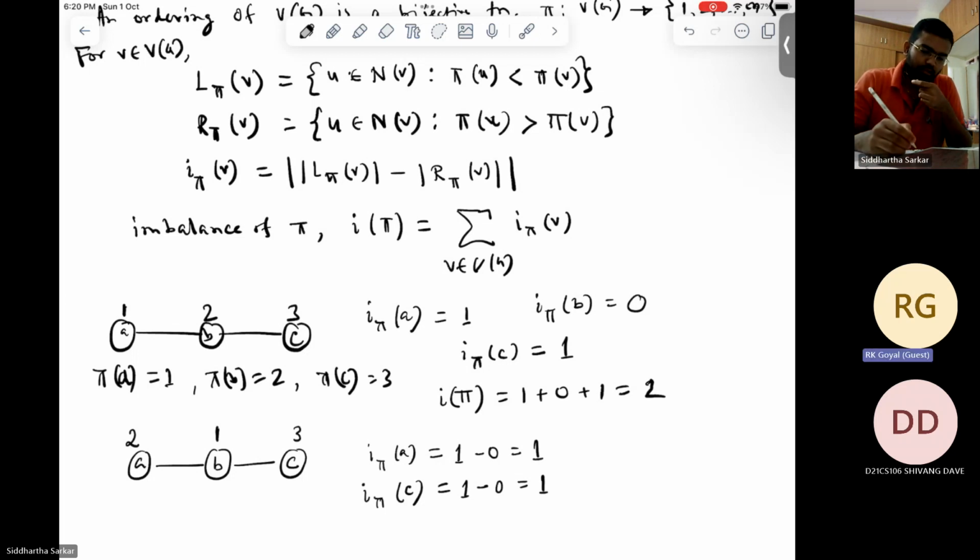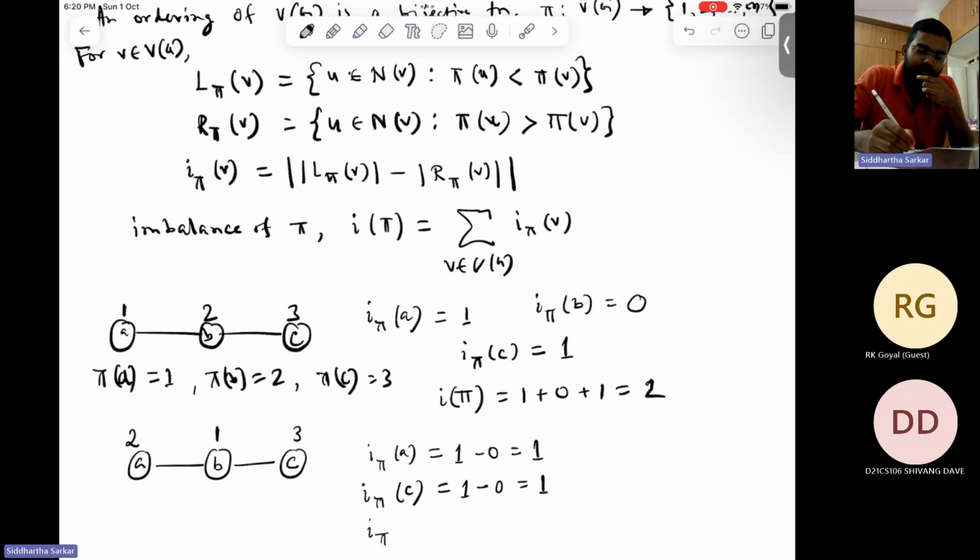In this case, the results are the same with a different permutation. But had there been more vertices attached to B, then we would probably like to assign lesser values to those.